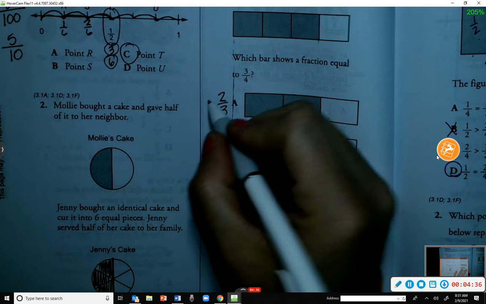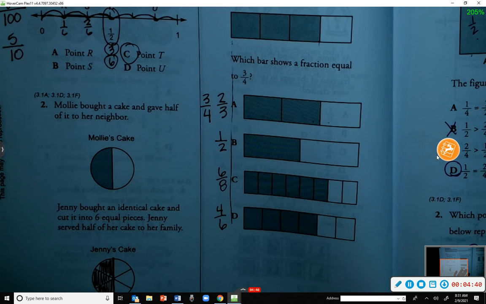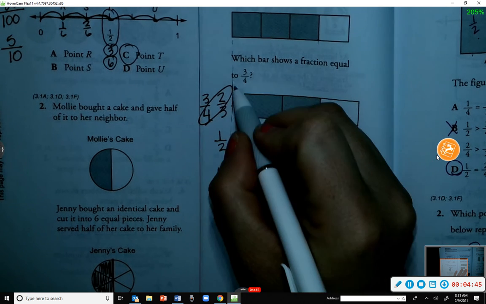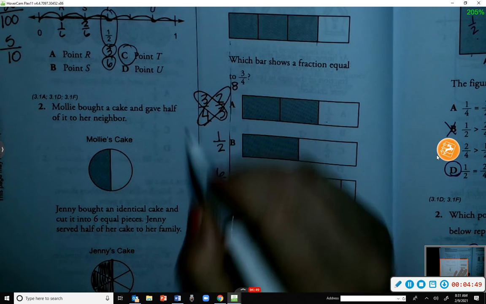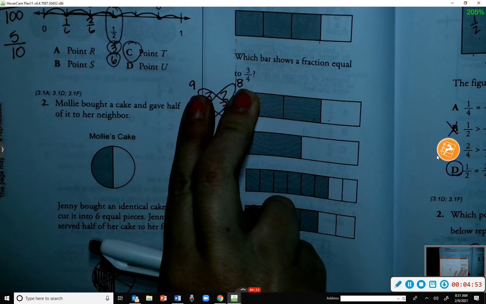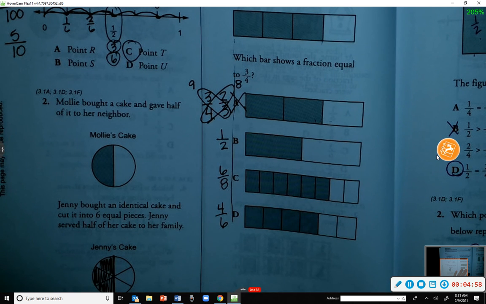Okay, so you did 3/4 with all of them, and you cross multiply? Yes. Okay, good. So I would do 4 times 2, and I would get 8. 3 times 3 is 9. Are they equal? No, the numbers have to be the same. So A is not equal.